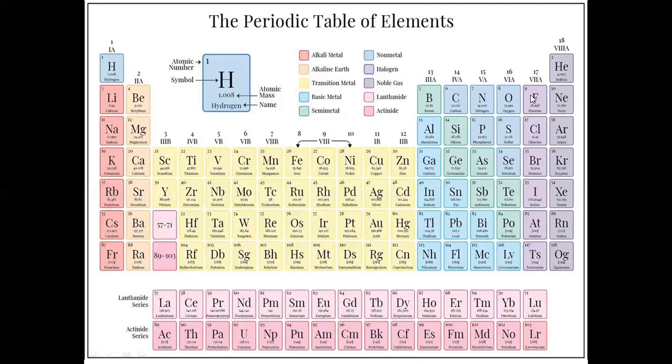Valence electrons. Good. The number of electrons in the outermost orbit is known as valence electrons. We can make out here valence electrons are from 1 up to 8, if I consider this.